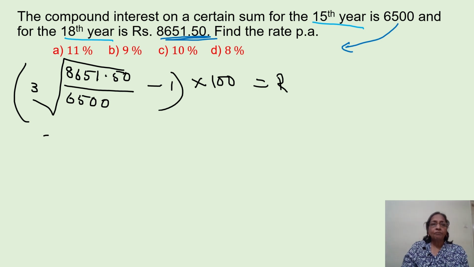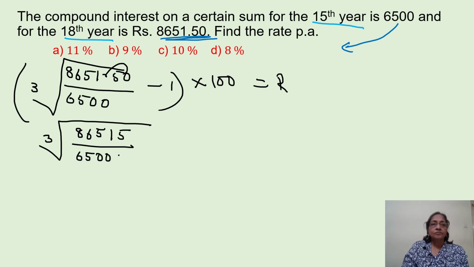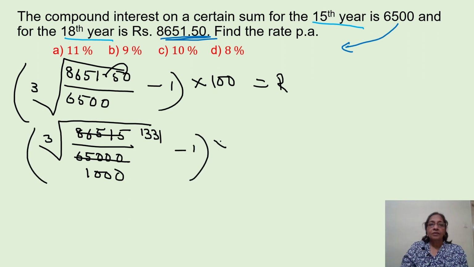So wording is different, but the meaning of the sum is the same. You have to interpret it that way. So like the previous sum, I will remove the decimal from the numerator. 86515. One decimal I have shifted. Now this cancels directly by 65. Now cube root of 1331 is 11.